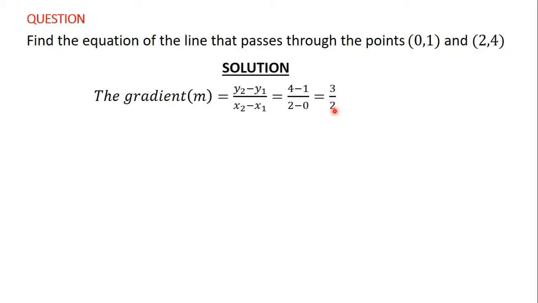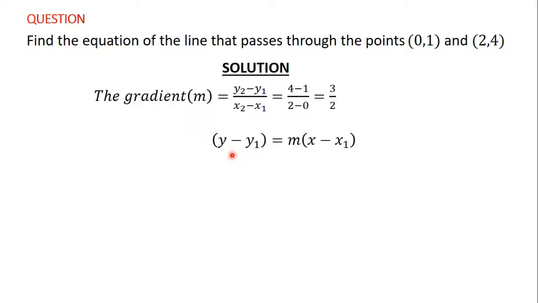In the previous video, we learned that after you have found the gradient of the line, you choose any one of these points to find the equation of the line. I'm going to choose the first point. So I'm going to use the gradient 3 divided by 2 and the point 0, 1 to find the equation of this line.